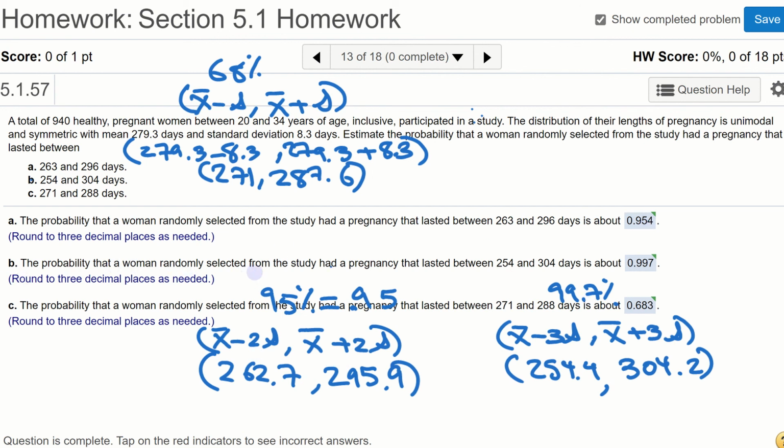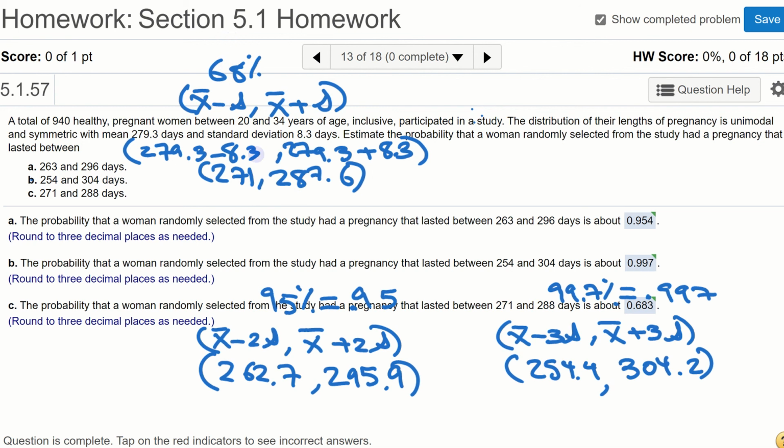The probability that a woman randomly selected from the study had a pregnancy that lasted between 254 and 304. You see that here? It's the 99.7% group. So remember, you can write that in decimal form as 0.997. That's where that comes from.